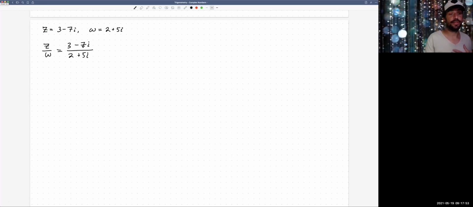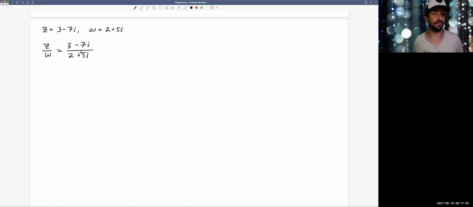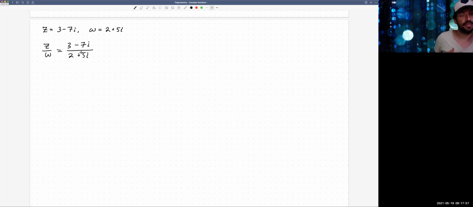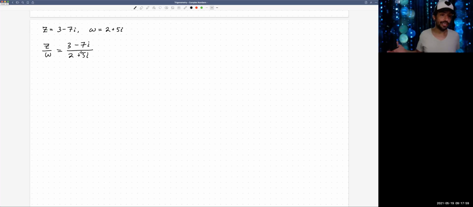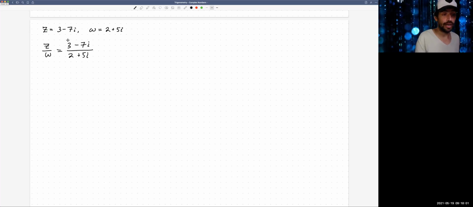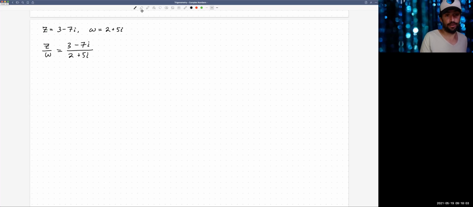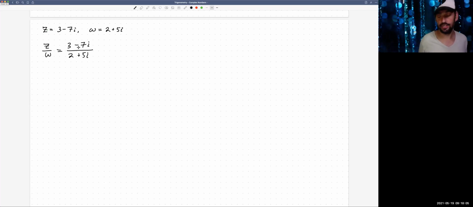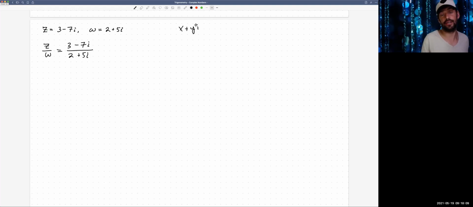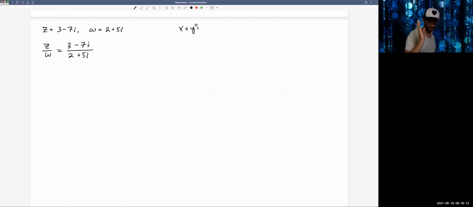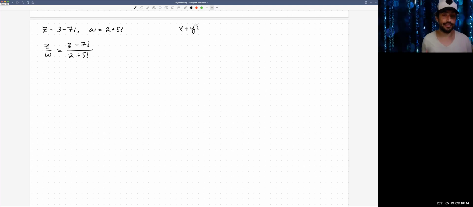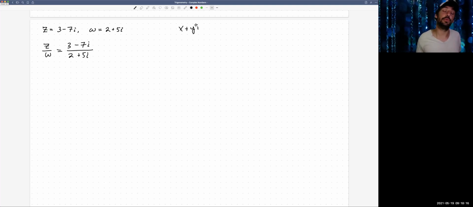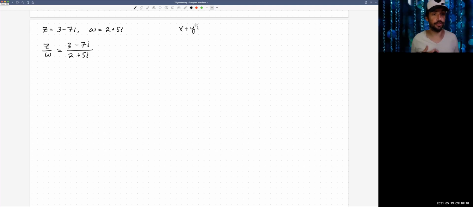This is not the same thing as having 7/5 times i or -7/5 times i, right? So what we want to do is figure out how to write this fraction in the form x plus yi. It's not even guaranteed that that's possible.